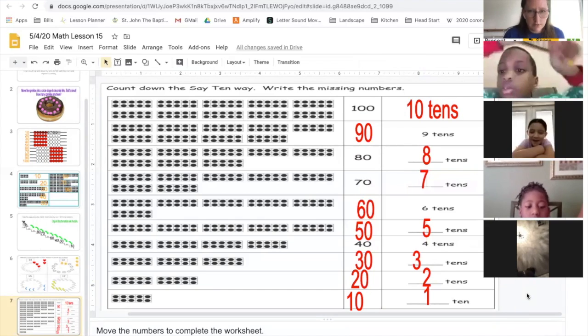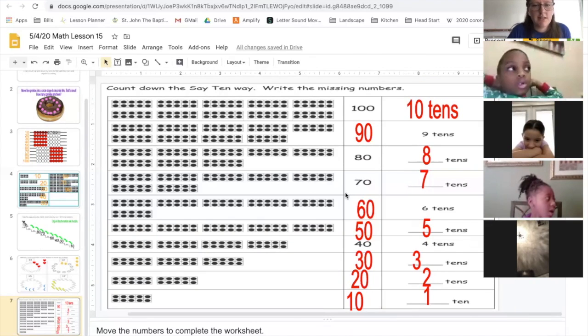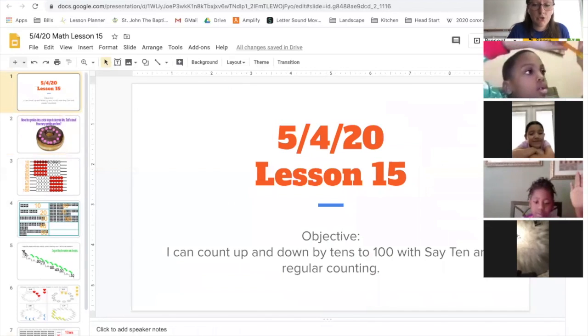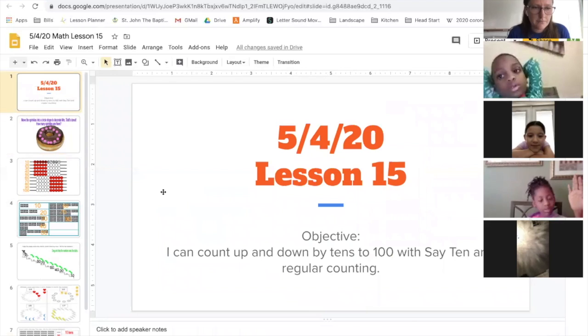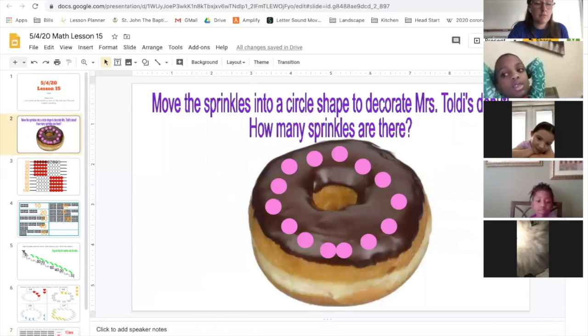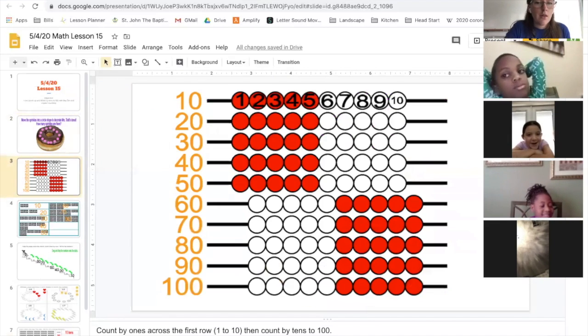So this was our lesson on how to count to 100 by 10. We started by counting some sprinkles in a circle shape. We said there were 14 sprinkles. Then we counted across the top row from 1 to 10, and we counted each row of 10 as 10 all the way to 100.